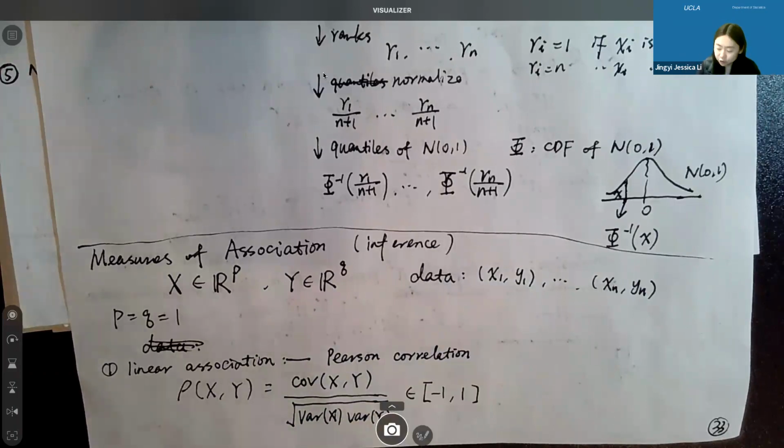For any joint distribution, we can define this quantity, but let me look at the specific case of the bivariate normal distribution.